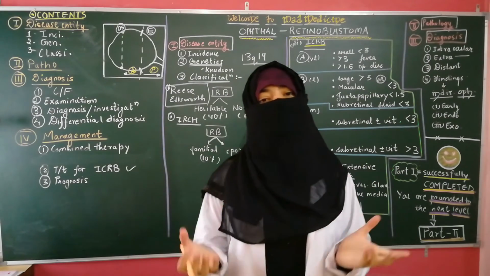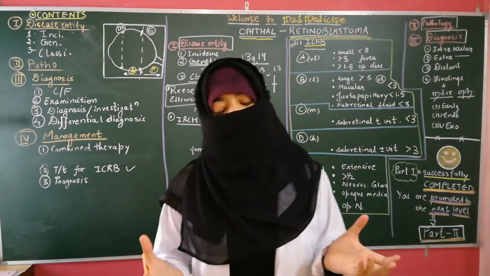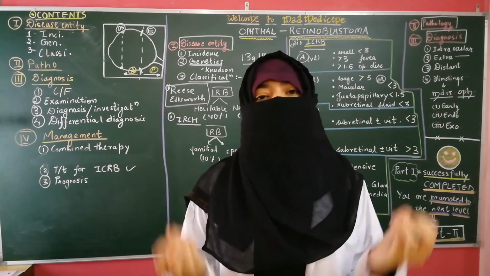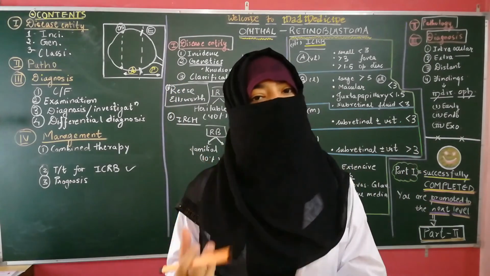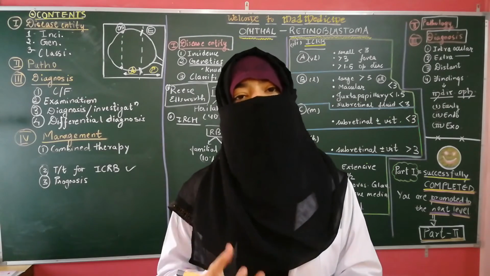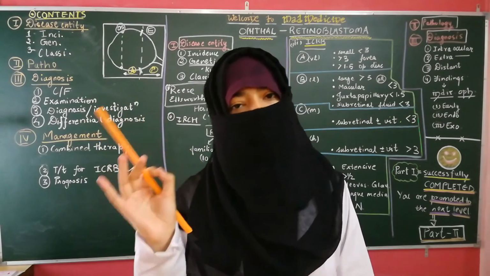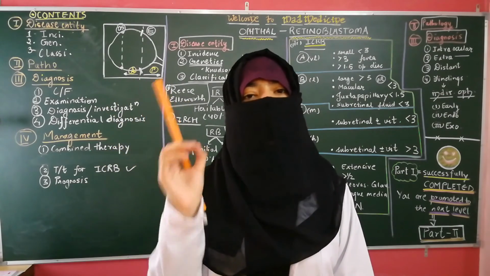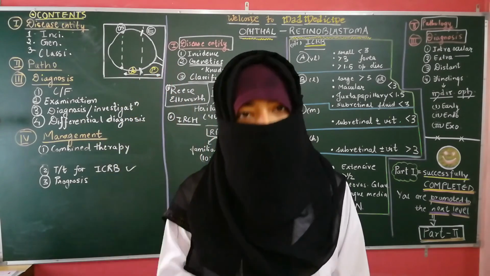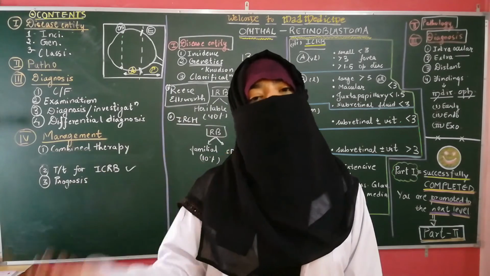So I hope it was very simple and enjoyable. So let's quickly recollect the very important high yield points. One was the cottage cheese appearance, that is the endophytic type of lesion. Exophytic mimics exudative type of retinal detachment. The gene we must always remember, RB1 gene on 13q. And which is the second most common tumor?